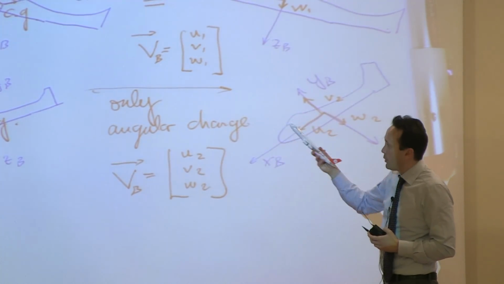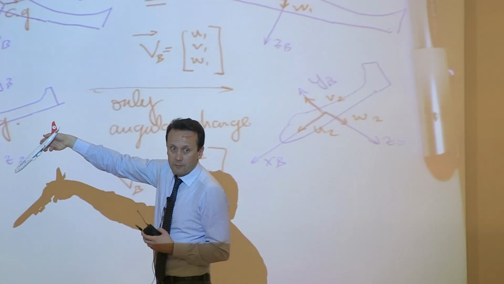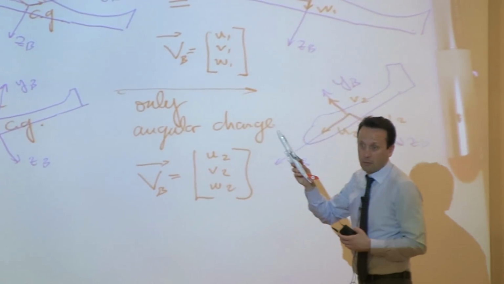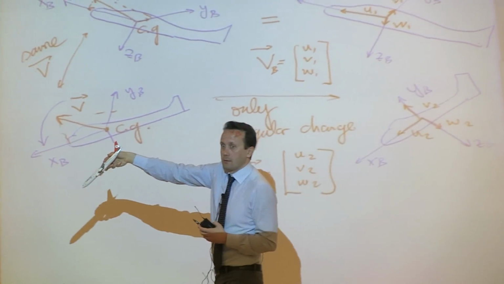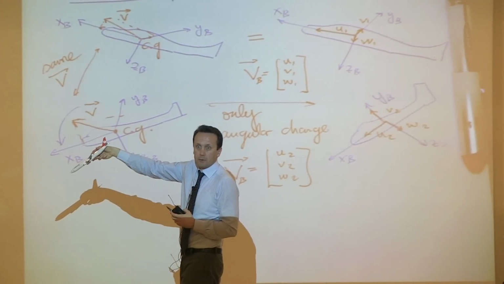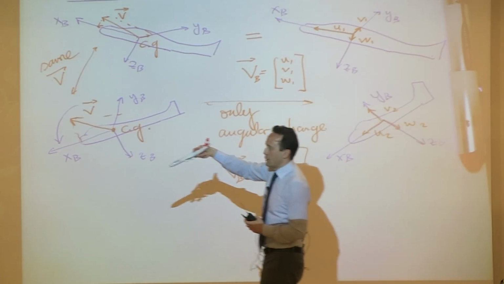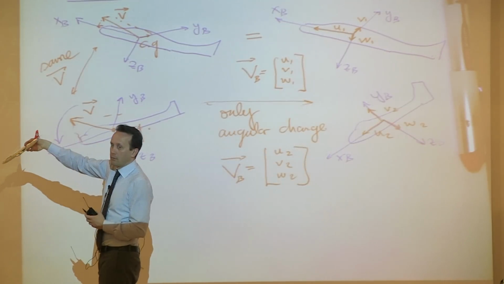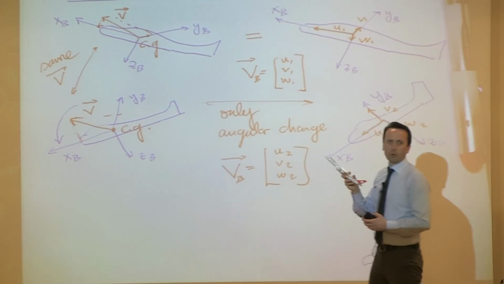Basically you have an airplane that does this without changing its velocity. It's just changing direction. Understood? So you have an airplane that is flying with the same velocity, doing this and doing that. Same velocity. Okay?